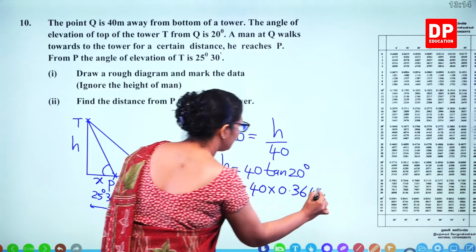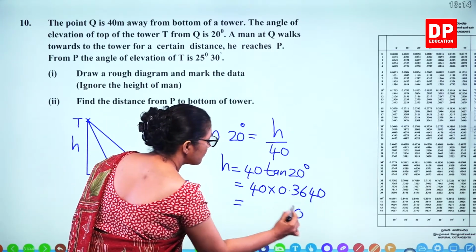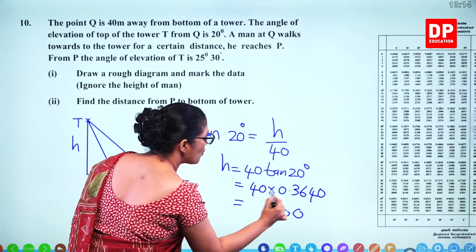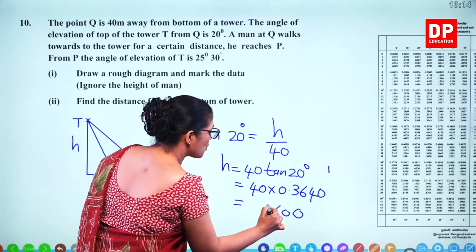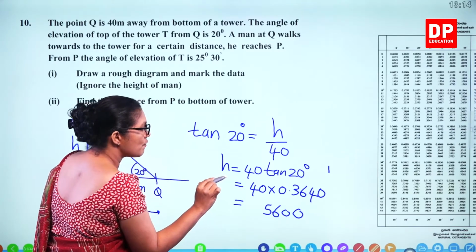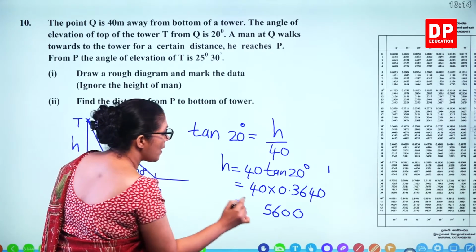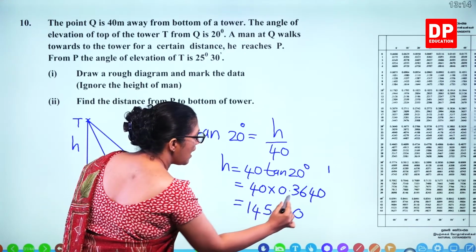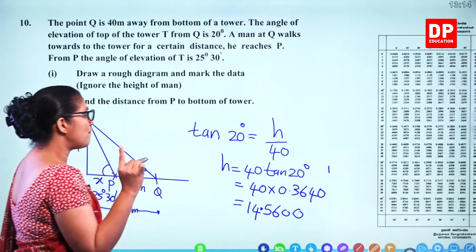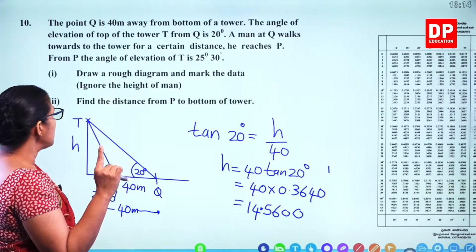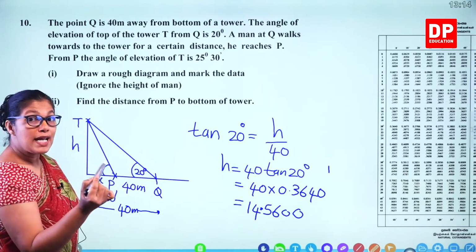0.3640 multiplied by 40. 4 times 0, 0. 4 times 4, 16. 4 times 6, 24 plus 1, 25. 2 remaining. 4 times 3, 12 plus 2, 14, and 4 decimal places. So 14.56 is the answer for h. But we need x.